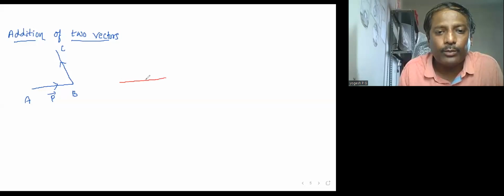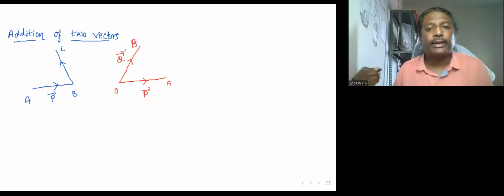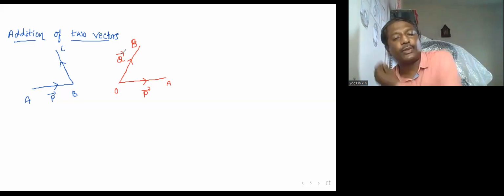Let us say this is OA vector P. I'll consider one more vector OB, that is Q vector. Can you tell me the difference between these two diagrams, students?